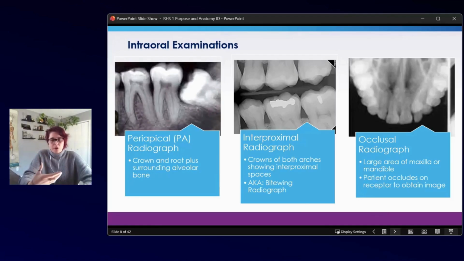For our smaller or more pediatric patients, using a size 2 film would be plenty, and they can close down on it like a cracker, and you can get a large area of their maxillary or mandibular arch on that radiograph. This is good for things like trauma, for things like looking for impacted teeth on little ones. So we can use it for some different identification than we would be using a bite wing or a PA for.